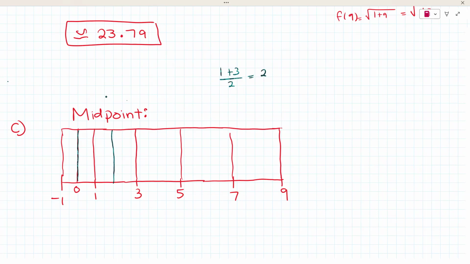Okay, and then what is the halfway point between 3 and 5? 4. Okay, what is the halfway point between 5 and 7? 6. And then what is the halfway point between 7 and 9? 8.